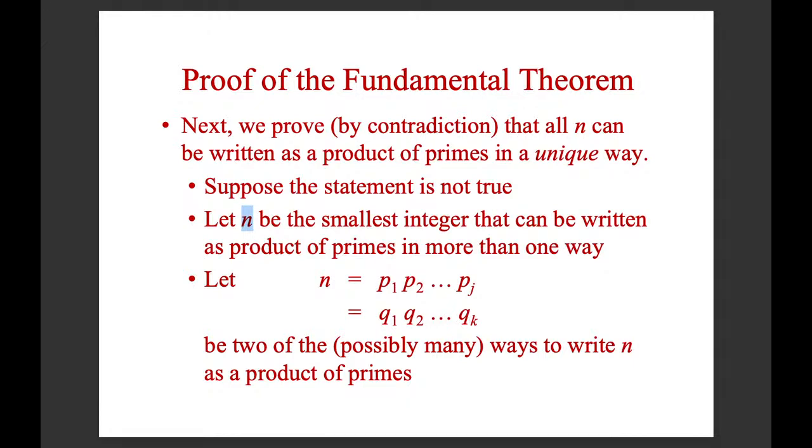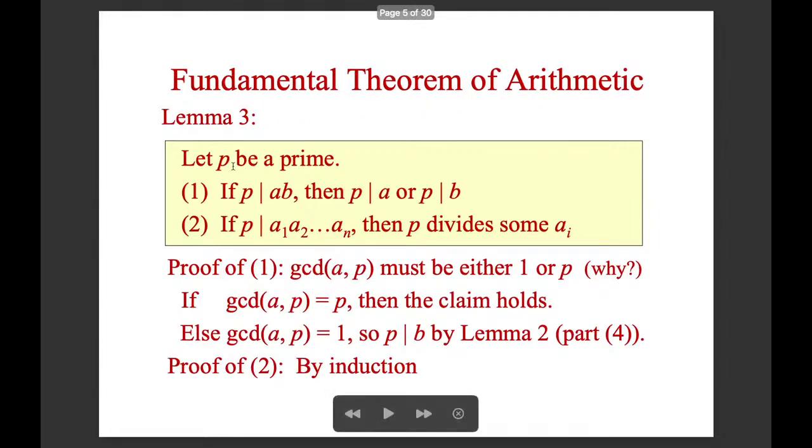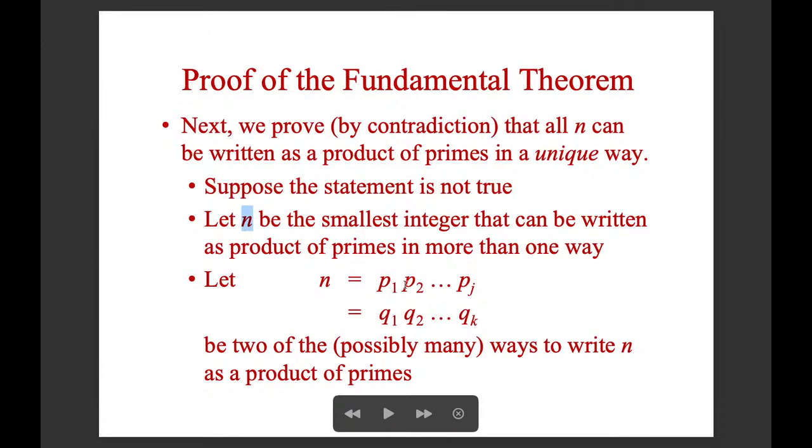Okay, now we have the lemma in use. If p divides ab, the product of things, then p divides something. So in such a case, let's pick any prime here, say p1. We know that p1 divides n, because n is p1 multiplied by something.